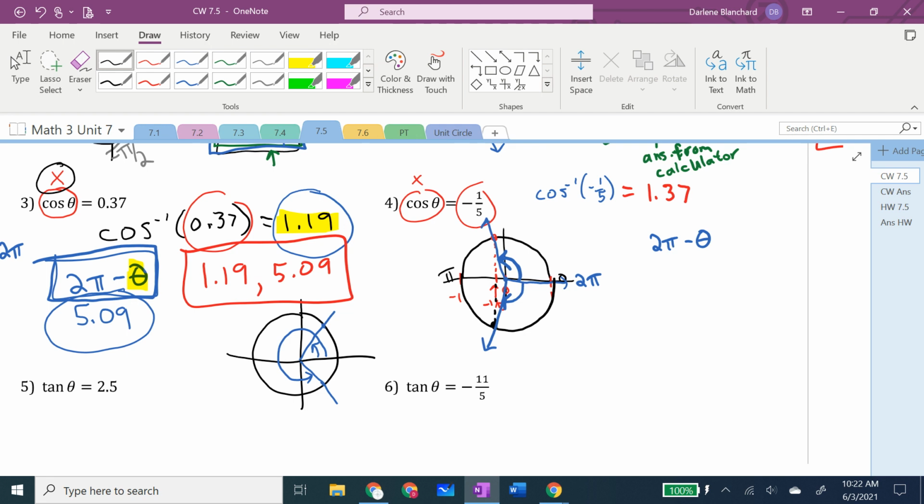I don't know how things are going to change with technology. I do anticipate that fairly soon we won't go this deep into the trig anymore, and we'll just use graphing calculators all the time.